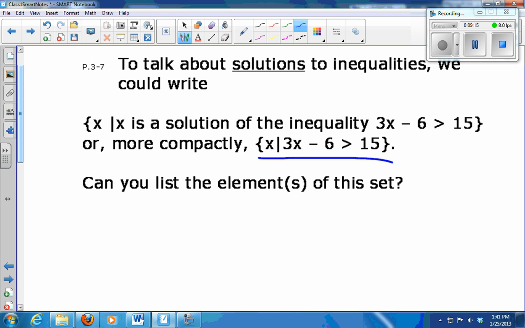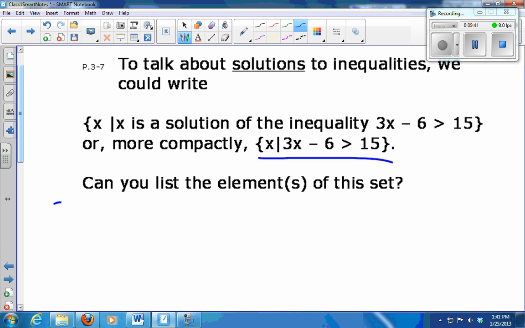What numbers are in there? I'm looking for x's that make 3x minus 6 bigger than 15. 8, good. X is larger than 7.